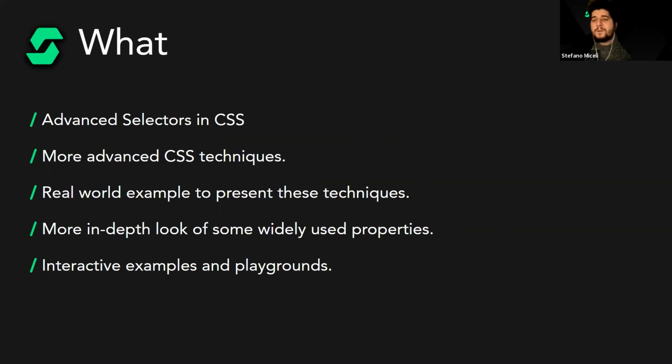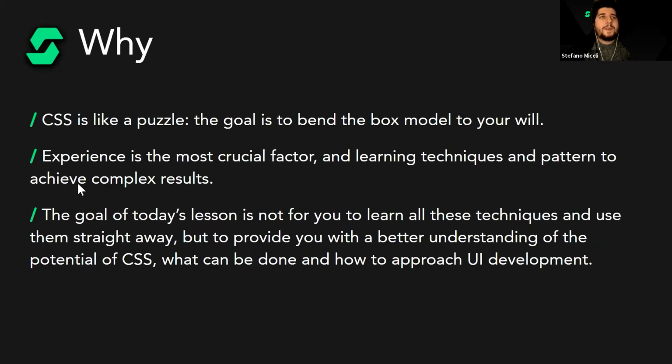You'll be pretty comfortable creating pretty complex layouts and elements. So we're going to see interactive examples and playgrounds. We're going to also get our hands dirty while explaining them, so to speak.